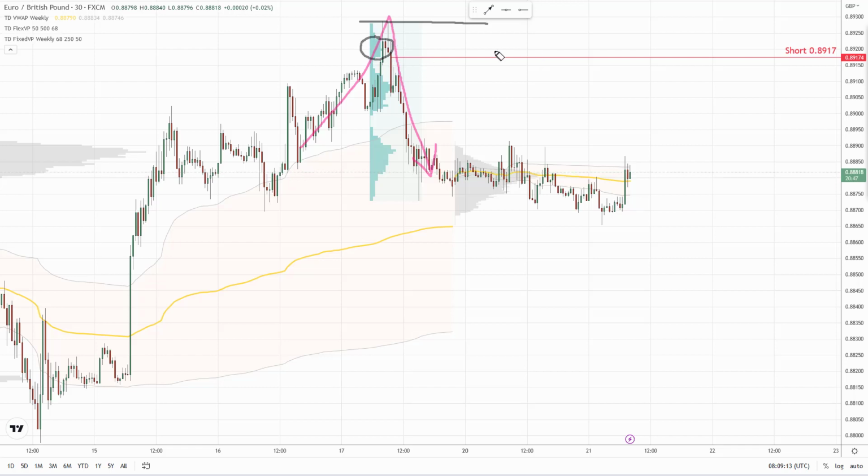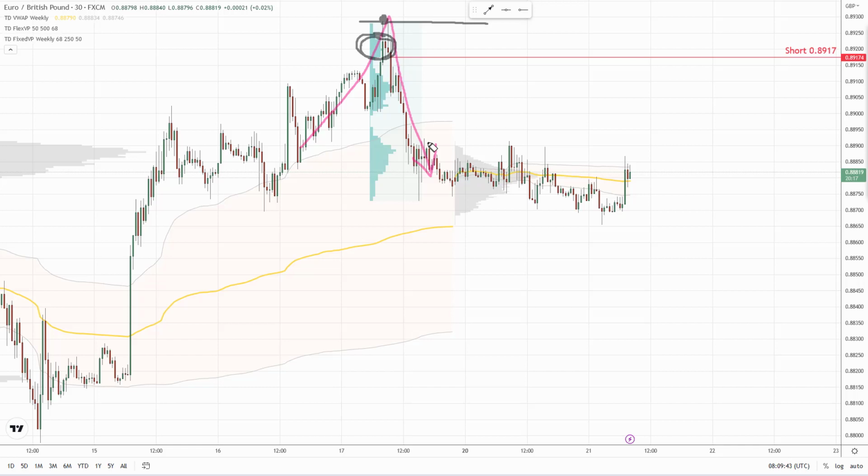Because it is telling us that sellers started to be aggressive here, they started to sell here, and they started to sell here a lot. That's what the volume profile shows us. And then they pushed the price downwards. So this is where the battle took place between buyers and sellers. Not in here. This is only the peak where the price turned, but this is the most important zone.